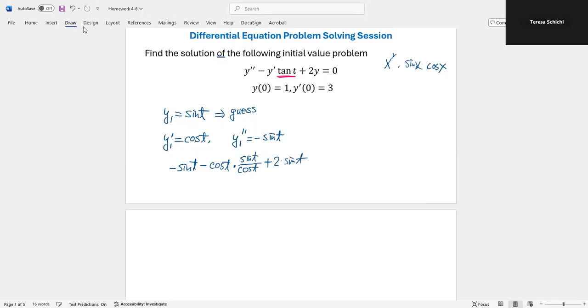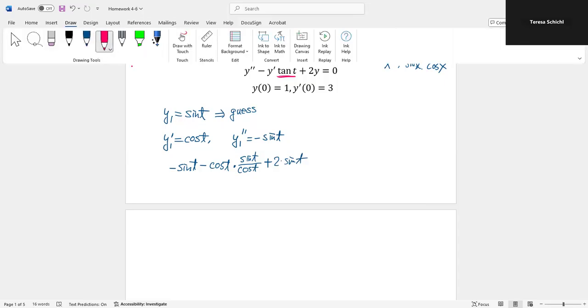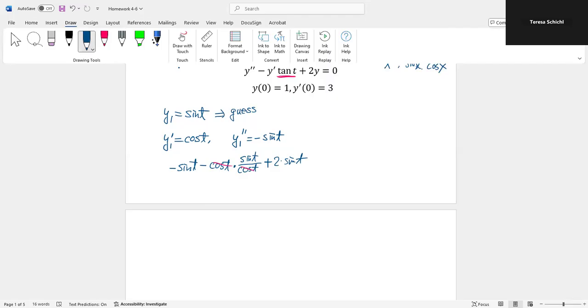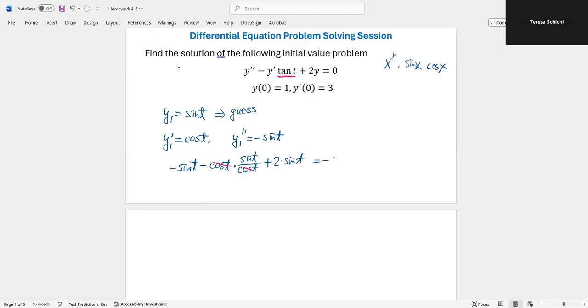Wow, very good. We see the cosine and the cosine cancel out here. That's good. So I have negative sine t minus sine t plus 2 sine t. So this will be negative 2 sine t plus 2 sine t equal to 0.